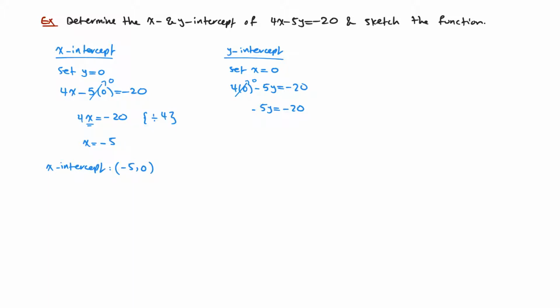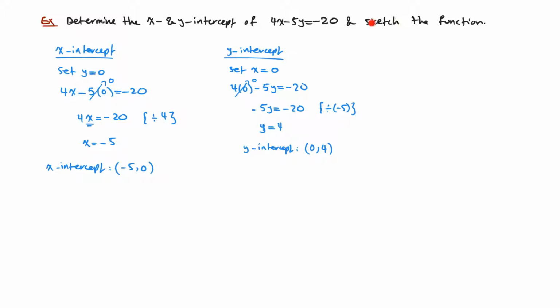I have to isolate for y, so I divide both sides by negative 5, and I get y is equal to negative 20 divided by negative 5, which is 4. So then my y-intercept has a coordinate of 0 and 4.